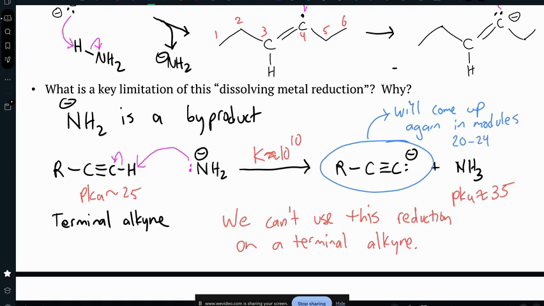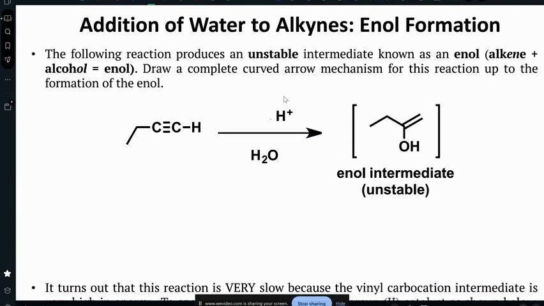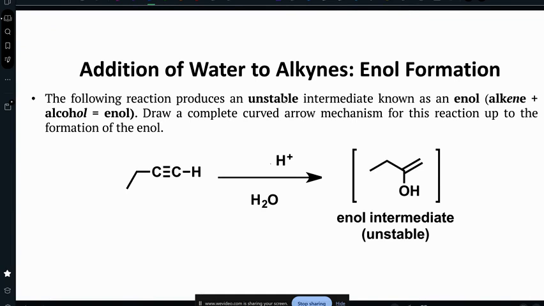So just be aware that's a reaction of alkynes that we're going to talk more about, but not in this module. I'm going to close this portion out, and then in the next portion I'll talk about a couple other reactions of alkynes that are similar to what we've seen from alkenes, but give us maybe an unexpected result.